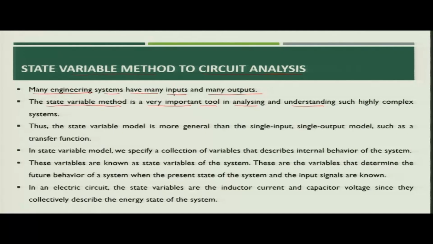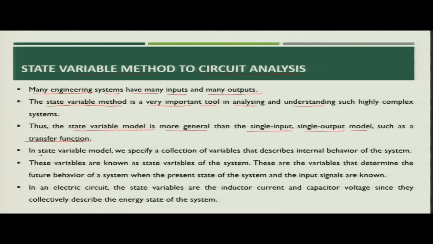Therefore, the state variable model which we have just discussed is more general than the single input single output model which we generally see in case of the transfer function.